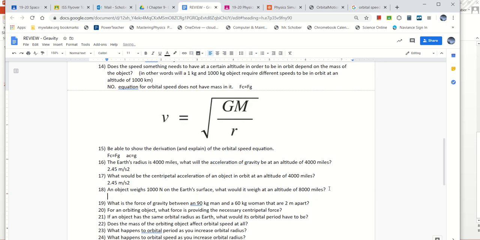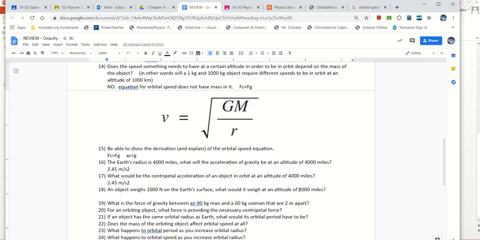All right, if an object weighs 1,000 newtons on the Earth's surface, what will it weigh at an altitude of 8,000 miles? In other words, we have tripled our distance now, because we're right now at a distance of 4,000 miles, and then we go 8,000 more.